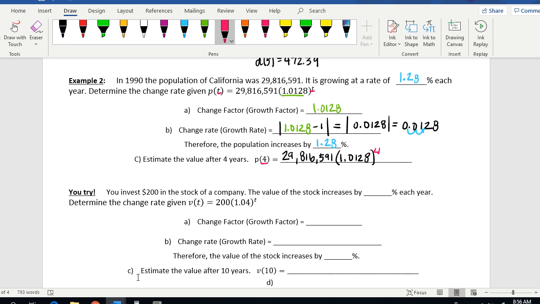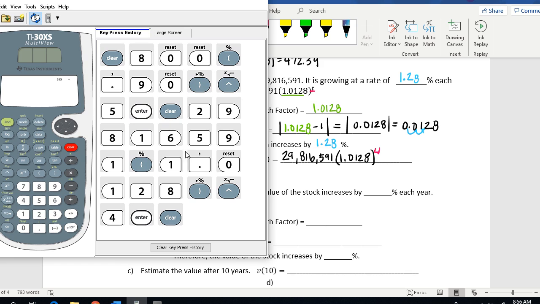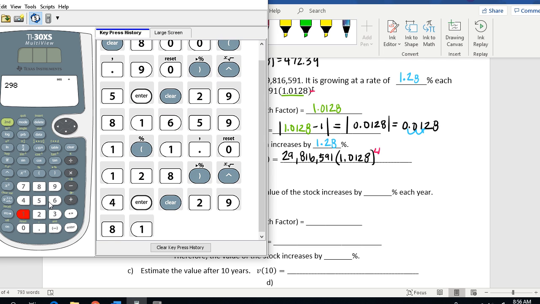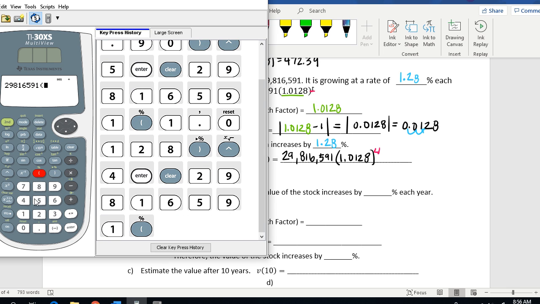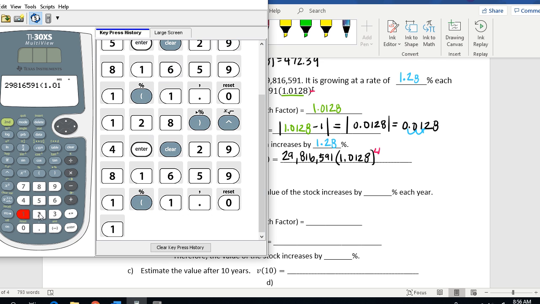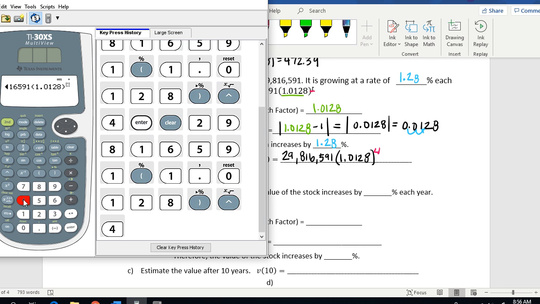So let's go plug that into the calculator. And again, it's got to be a number greater than that initial 29,816,591 times 1.0128 raised to the 4th power.